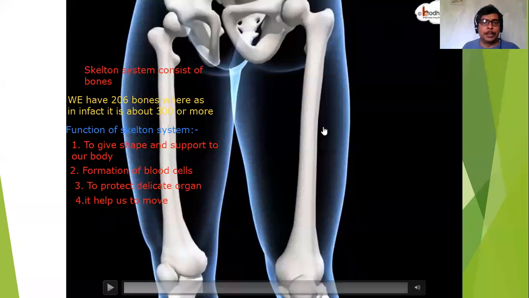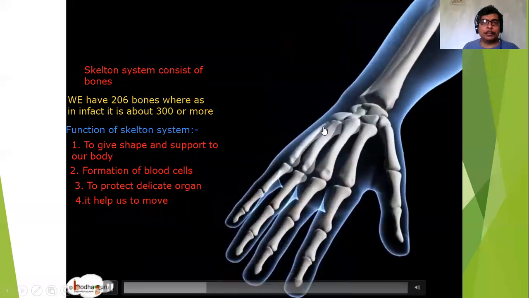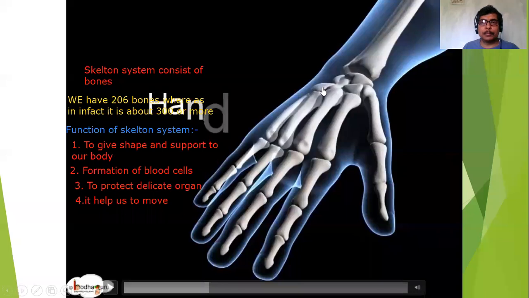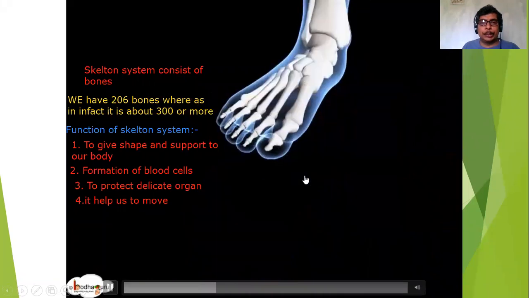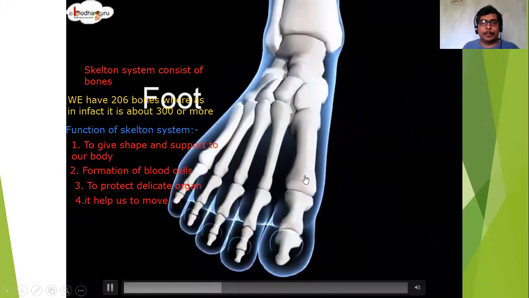So should we proceed? You have seen here that this is the foot. It has the short bones. You can notice here, these are the short bones.